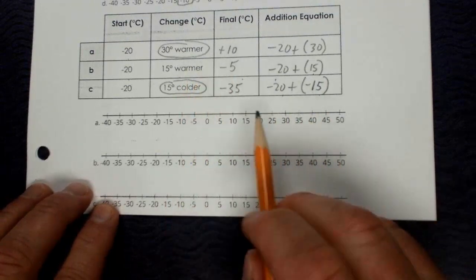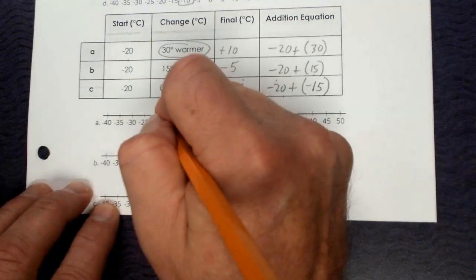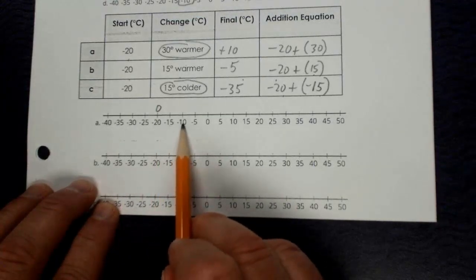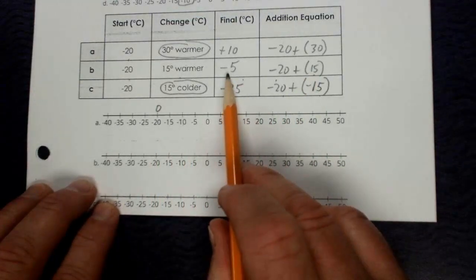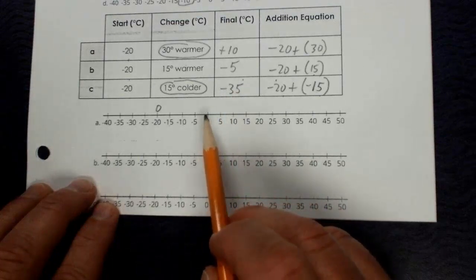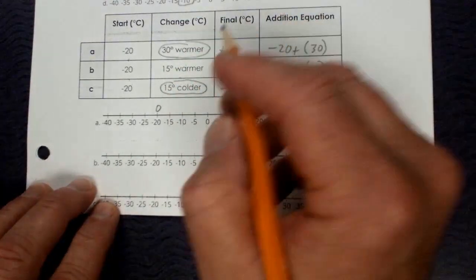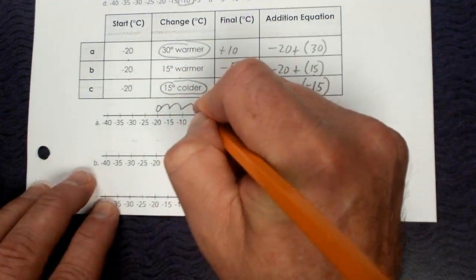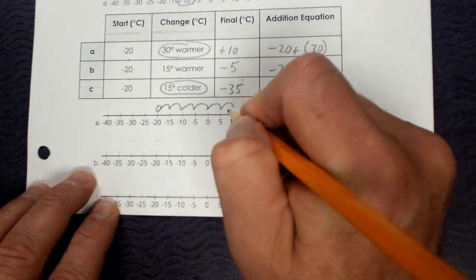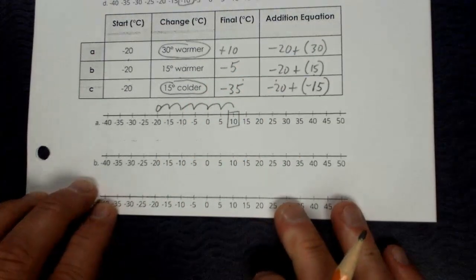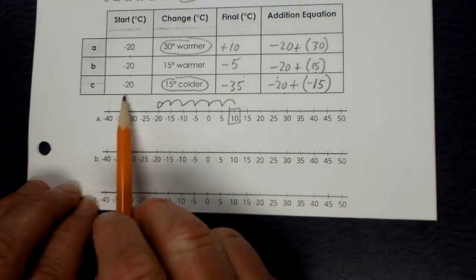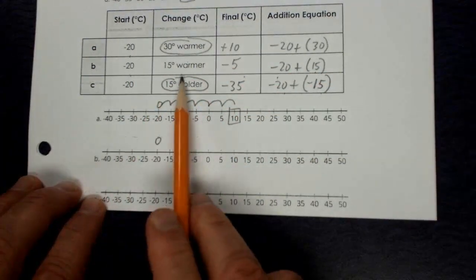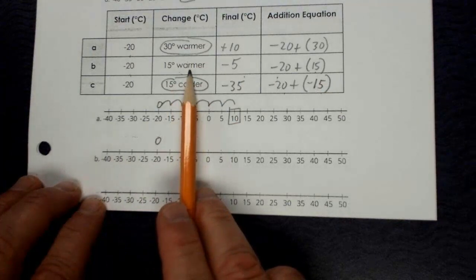Warmer, I'm starting at negative 20, so down here, see what's going on here. It's going up by 5s again, so I need to go up by 30 degrees warmer, 5, 10, 15, 20, 25, 30. There's my positive 10. Again, starting at negative 20 for part B. What's happening? 15 degrees warmer.